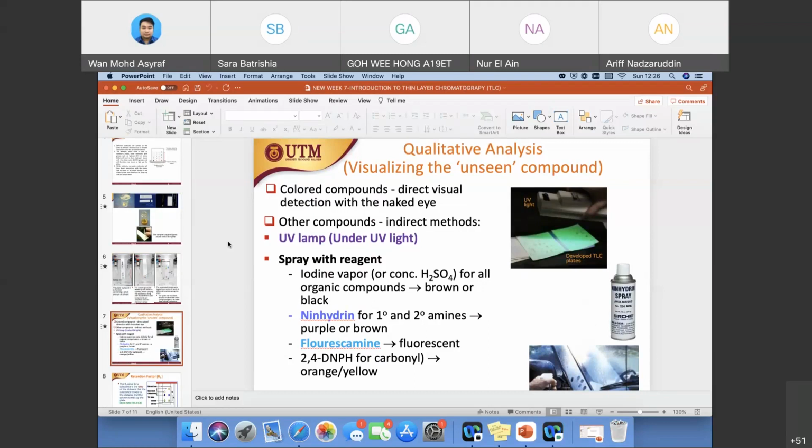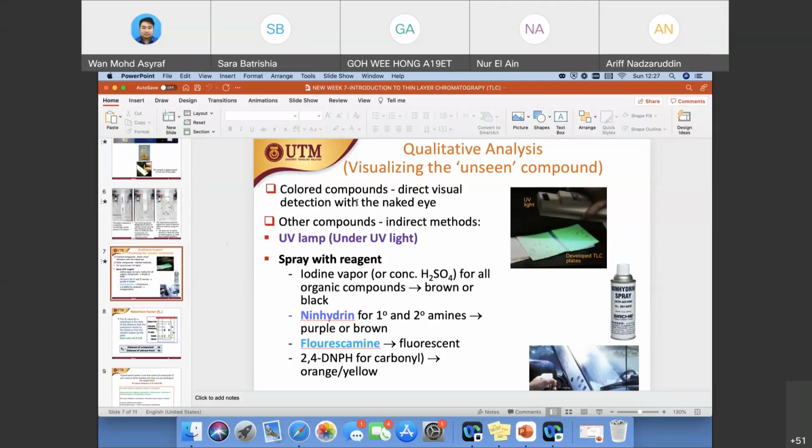So it is just for qualitative analysis. As I mentioned before, if it is a non-colored solution, you can spray with a reagent, or you can observe it under UV light. You can have a read on this.